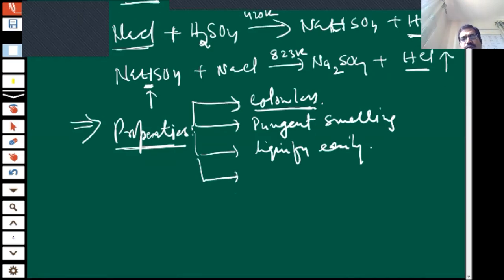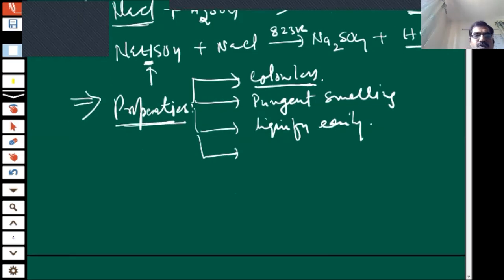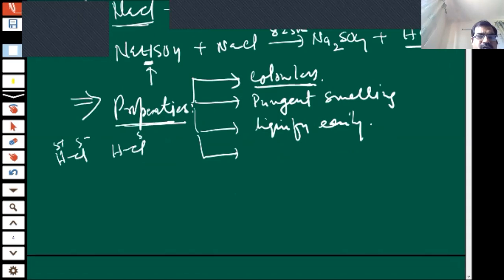Easily liquefied, due to dipole moment, HCl and HCl. So negative charge and positive charge, negative charge and positive charge. If you provide pressure, the molecules come closer and dipole interaction will be formed.